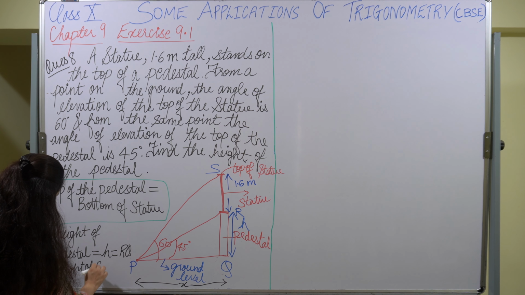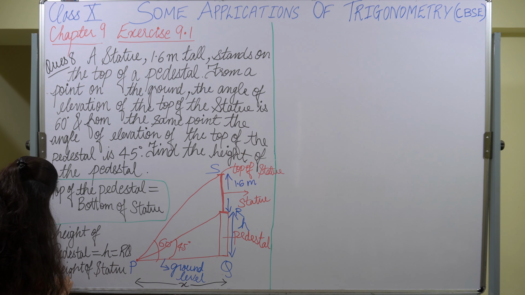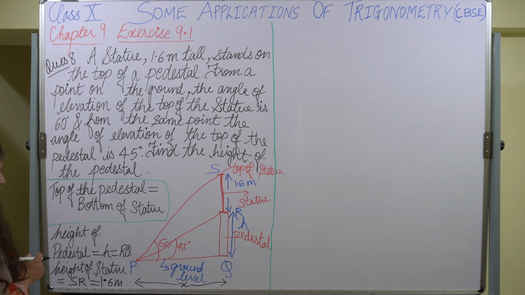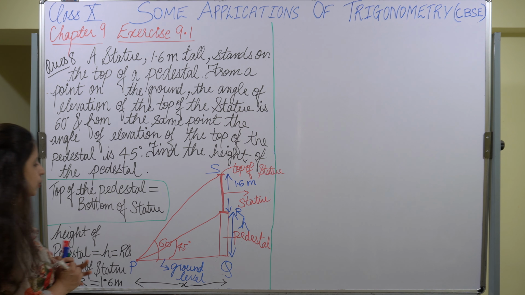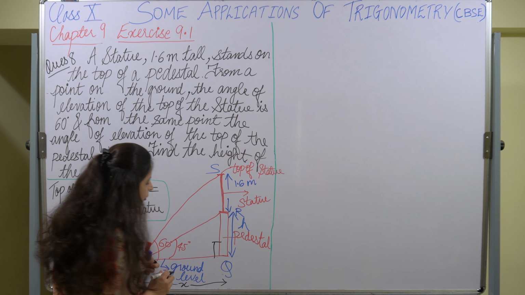Height of statue is given to us, that is equal to SR, that is equal to 1.6 meters. Okay, so all these things are given to us. Obviously this angle would be 90 degrees.